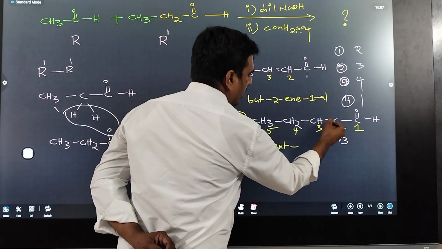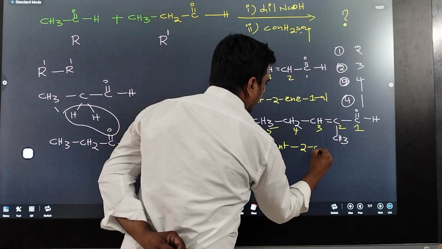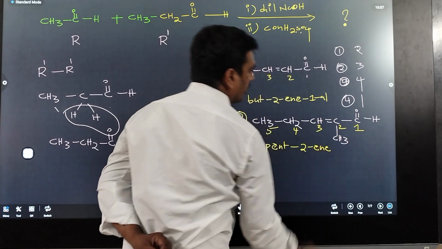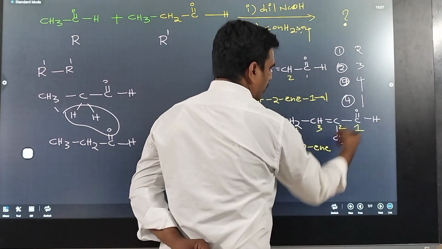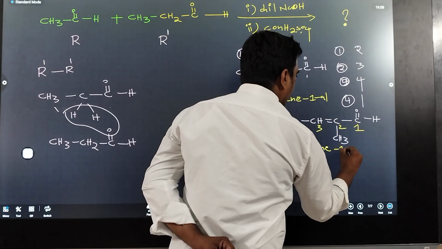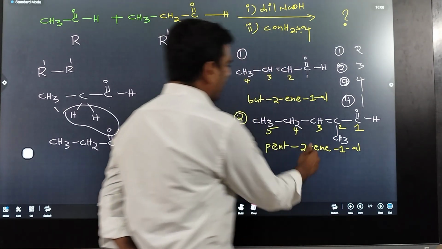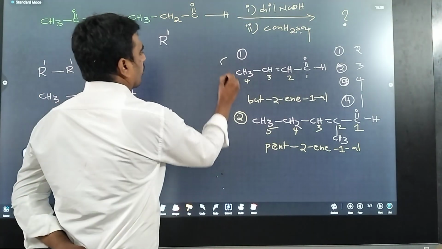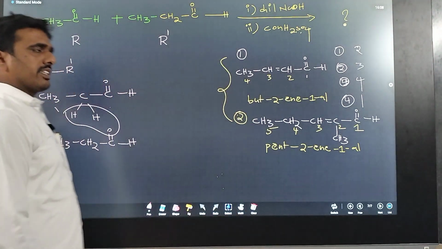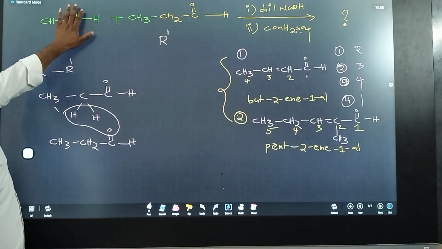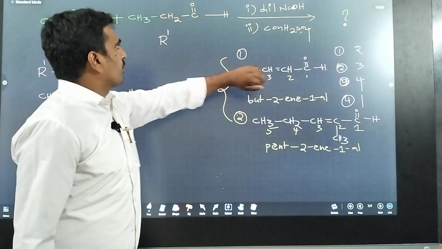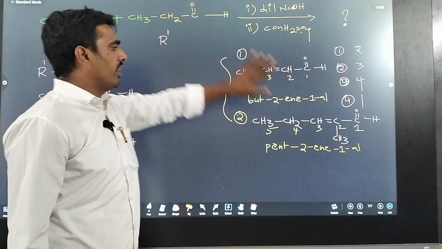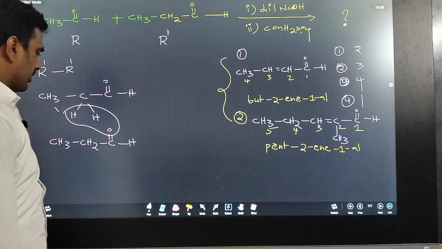The double bond is present at second position, 2-ene, and first position, al. So this is pent-2-en-1-al. These two are self products. That means the RR combination gives the first product, the R prime R prime combination gives the second product.